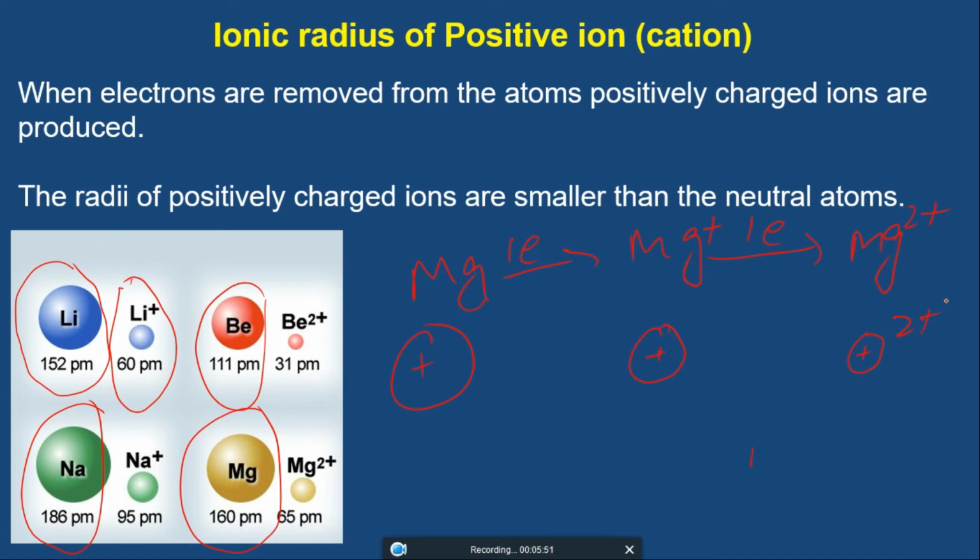When two electrons are removed, the nuclear charge will further increase, and it will again attract the remaining electrons with more force. That's why we say that divalent and trivalent species, like aluminium, which is a trivalent species, meaning three electrons can be removed from the aluminum atom, are smaller. So this is all about the cations, the ionic radius of cations.